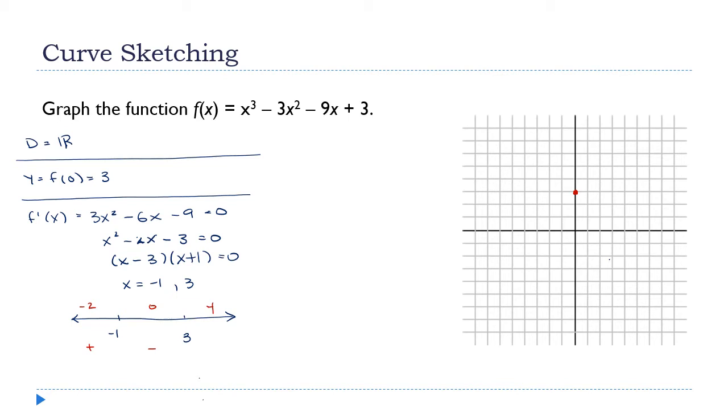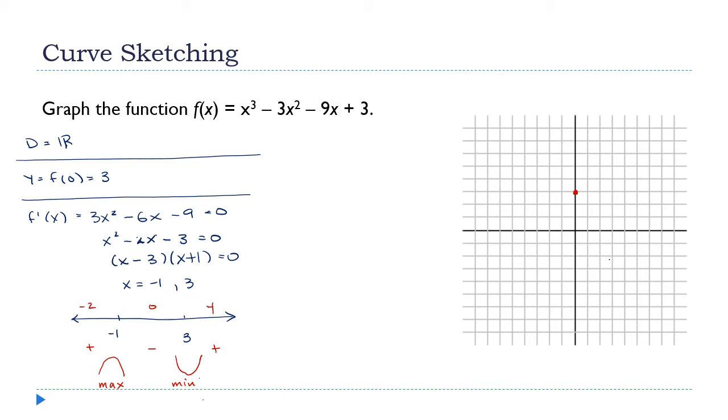And if I put 4 in, I get 1 times 5, that's positive. So the function increases and then decreases. So I have a relative maximum at -1, and then it decreases and then increases. So I have a relative minimum at 3.